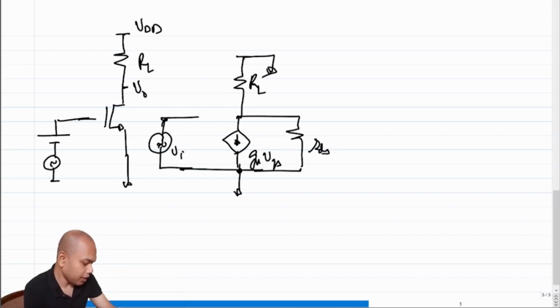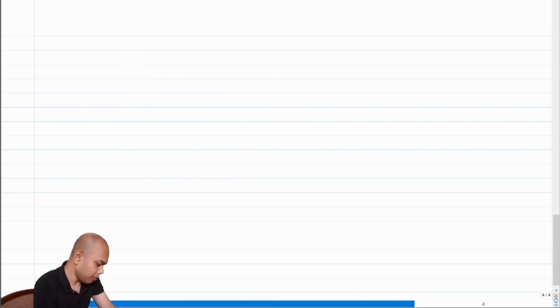Okay, so incrementally, what was the solution that we came up with? The solution was to replace RL with something which is the drain of a transistor, and we said that maybe the p-MOS equivalent is a good way to go. So what would the p-MOS equivalent be in the incremental sense?